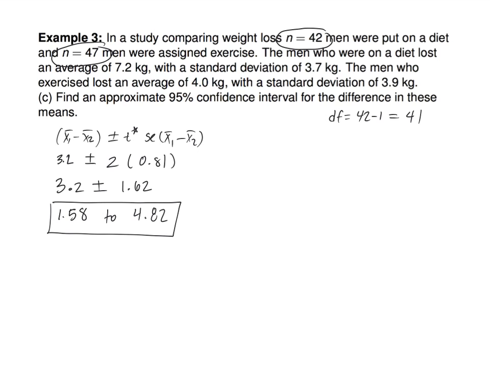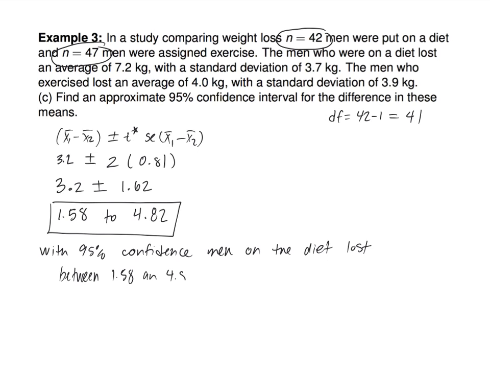And then one little sentence at the end. I know you don't have tons of space there, but squeeze it someplace. With 95% confidence, men on the diet lost between 1.58 and 4.82 kilograms more than whom?